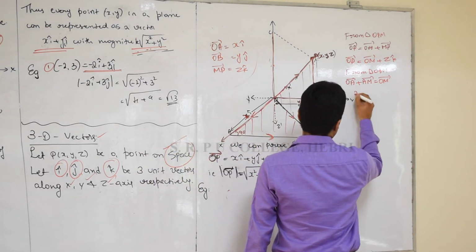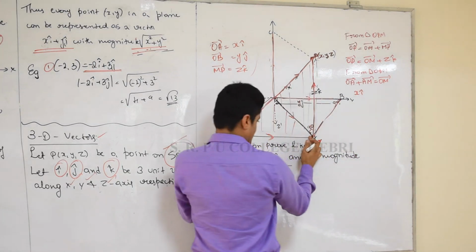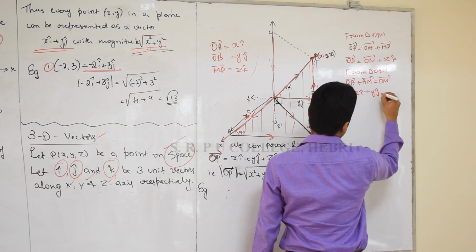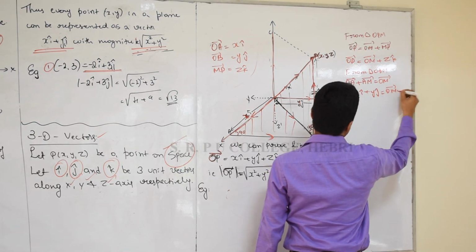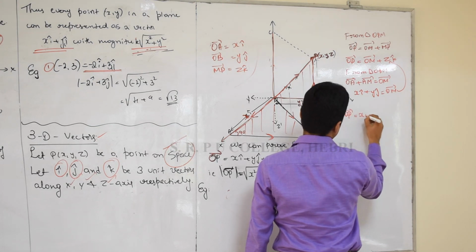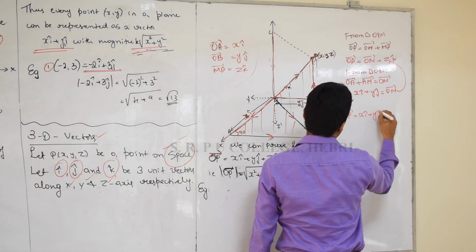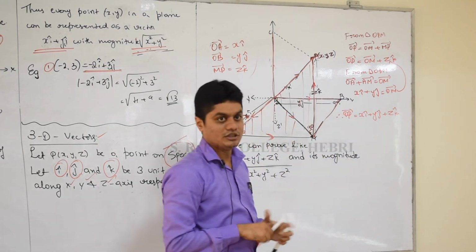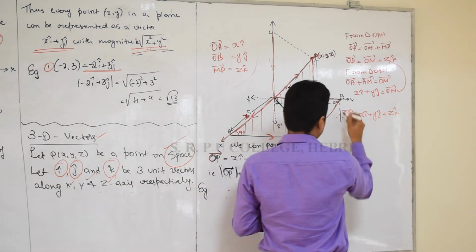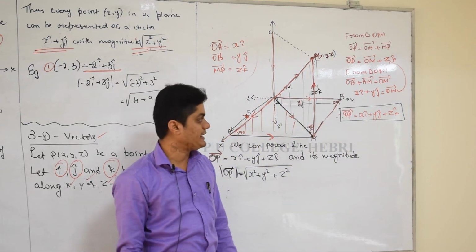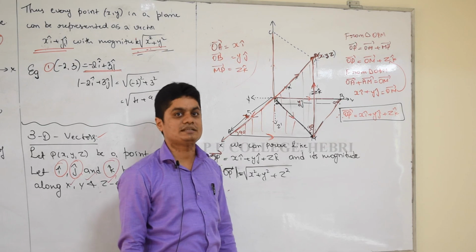Now vector OA is xi cap, AM is same as that of OB, which is yj cap, equal to vector OM. Now substitute this here. Therefore vector OP is equal to xi plus yj plus zk. So see, we got a position vector of the point P in space as xi plus yj plus zk.